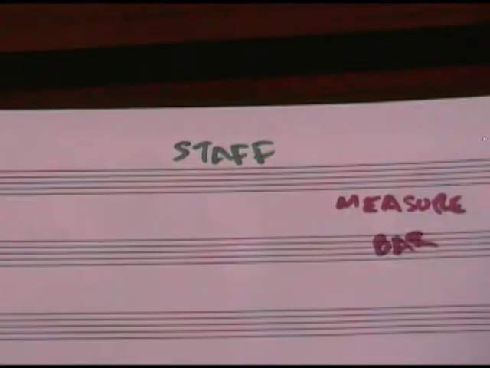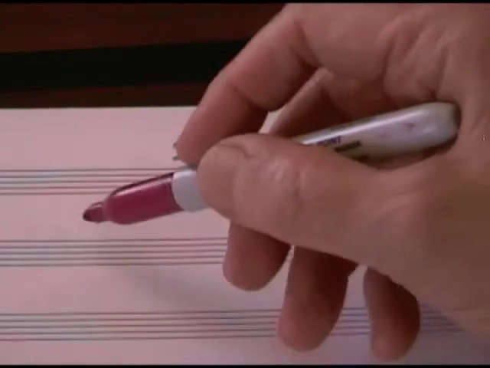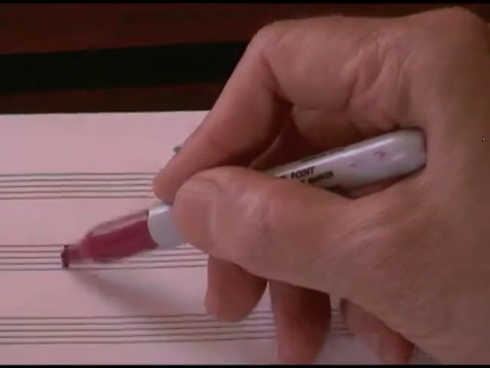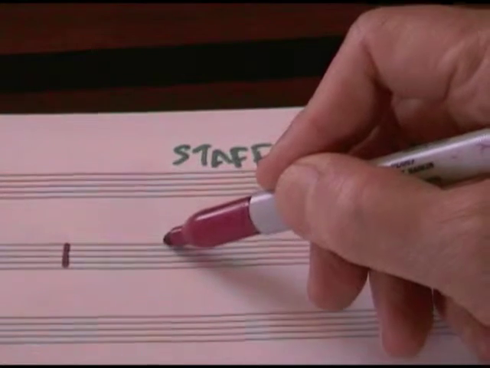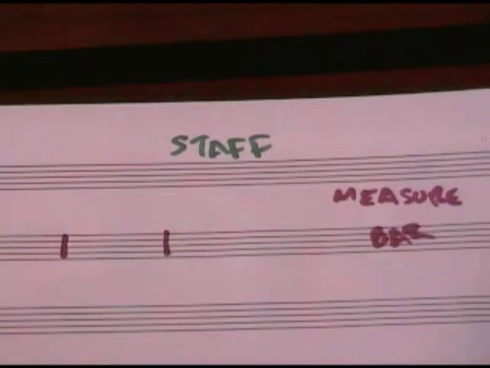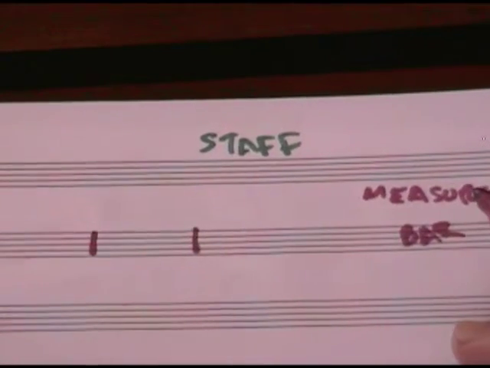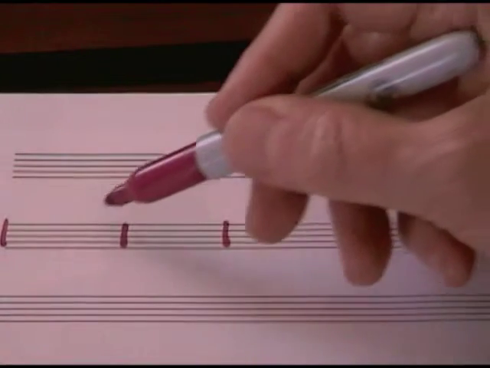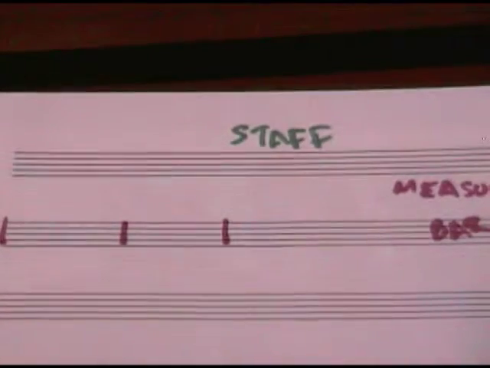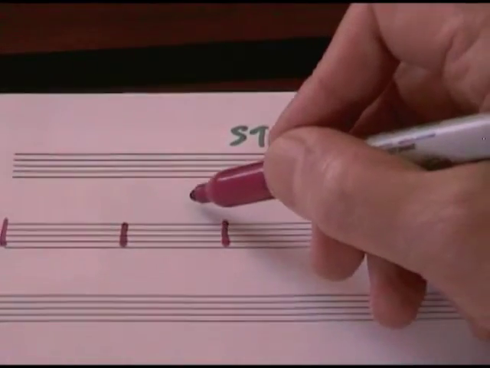So a bar line is a line that goes across the parallel lines and divides the staff into measures. So let me create 2 measures. 1, 2, 2 measures. And these vertical lines here are called bar lines.